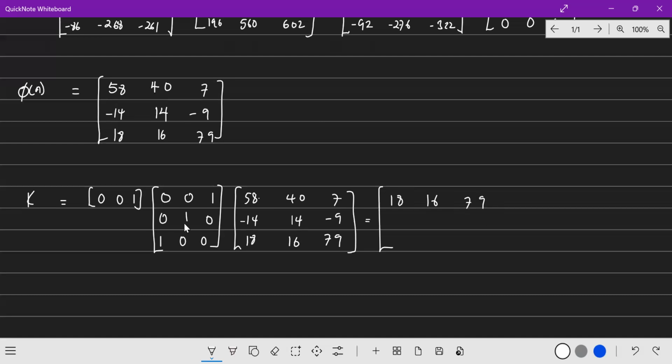And then that's negative 14 there, that's 14 there, that's negative 9 there. And then finally, that's 58 there, that is 40 there, that is 7 there. And then this guy multiplied by matrix 0, 0, 1, the resultant of what we got.